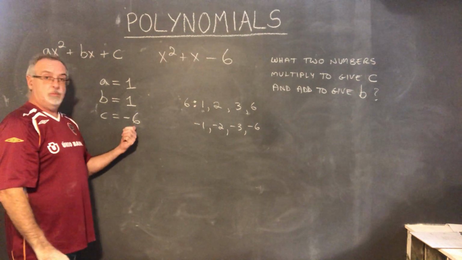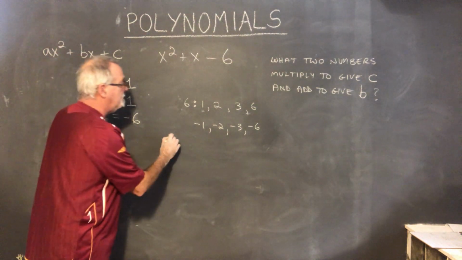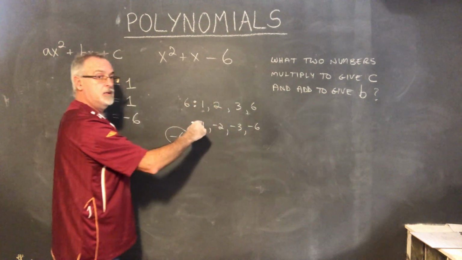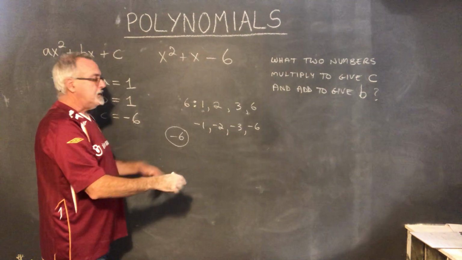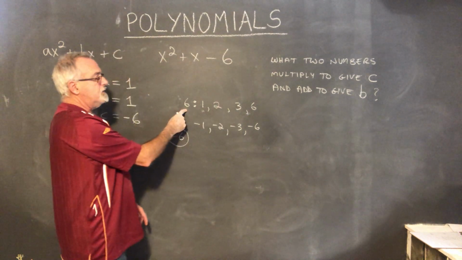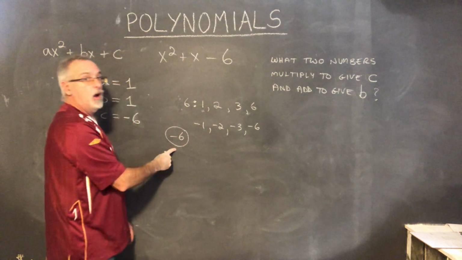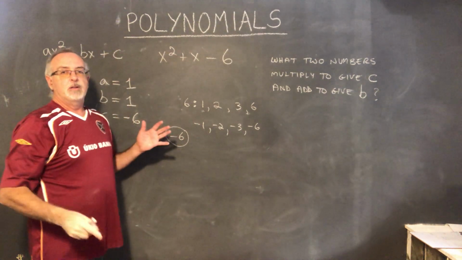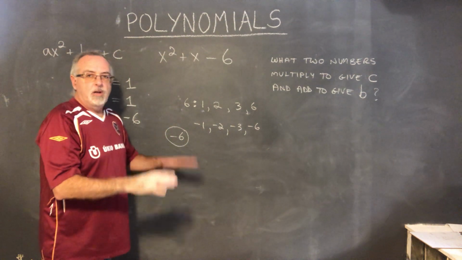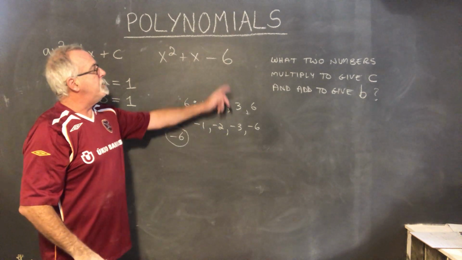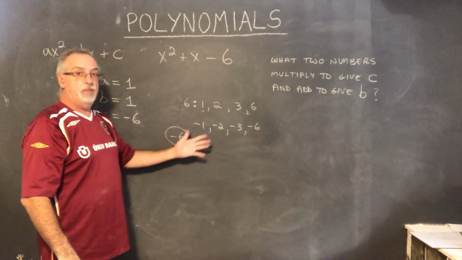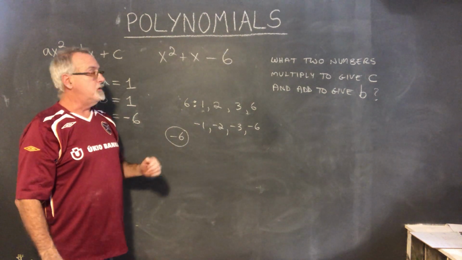We did this in the first place because we were dealing with -6. So when we think about -6's factors, they're the same ones. Except you're not multiplying them the same way. -2 times -3 does give 6, but -2 times -3 is not giving -6. -2 times +3 gives -6. So this is the extra little bit that we have to do. When we look at the factors of the number to figure out the answer to this question, we have to care about the negative factors as well.